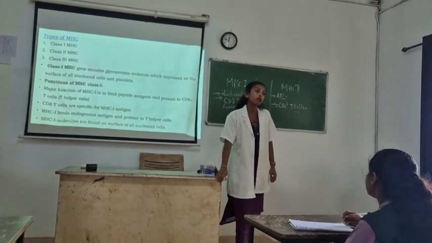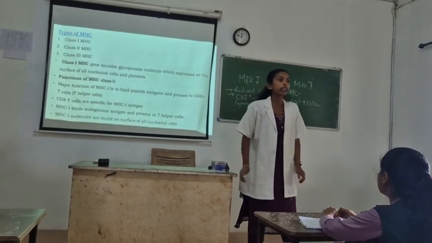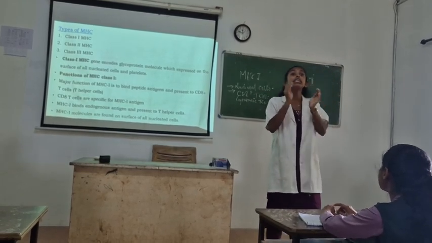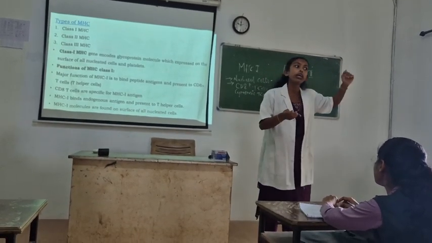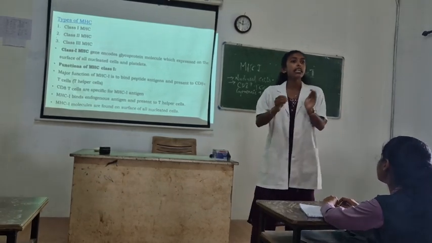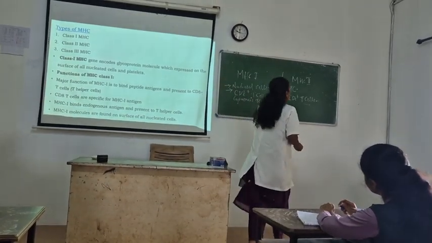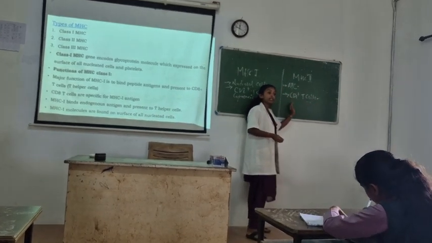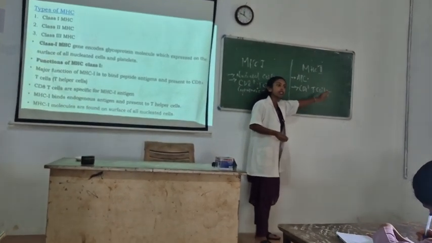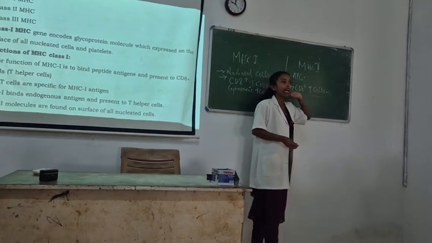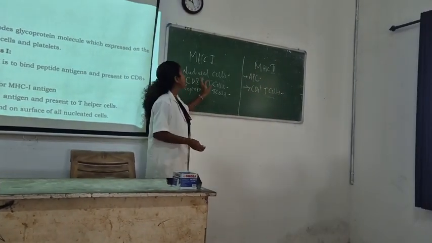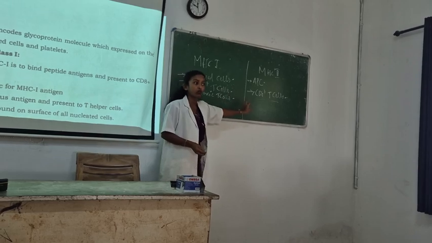What are the functions of helper T cells? What will they do? Helper T cells will inform whom? B cells, that there is an invader or a pathogen present in our body, and B cells will produce plasma cells and plasma cells produce antibodies. But in the case of CD8 T cells, what will they do?